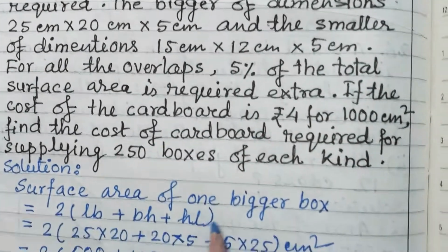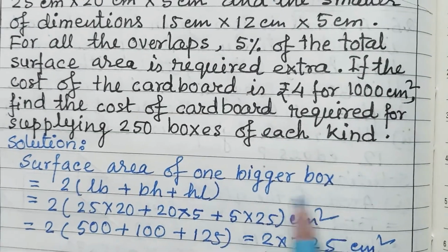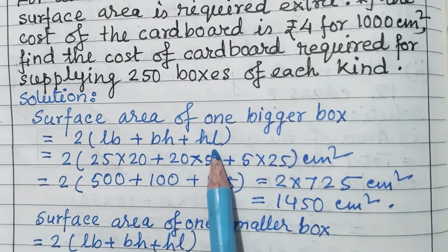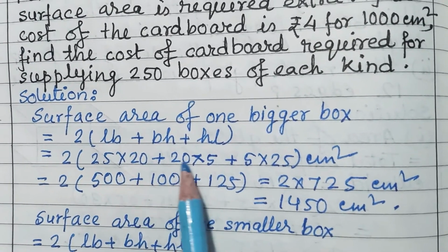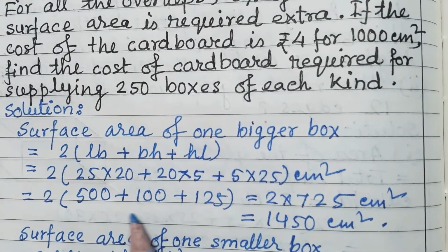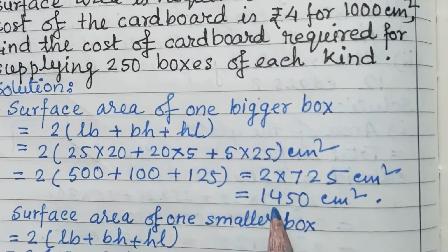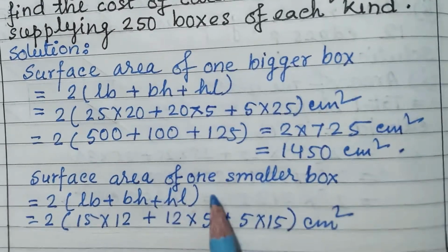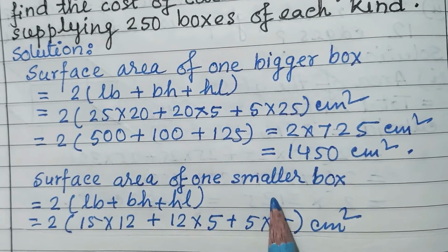Now surface area of the one bigger box is 2 into length breadth plus breadth height plus height into length. Now again substitute the value, and that is coming 1450 centimeter square. Now find out the total surface area of the smaller box.